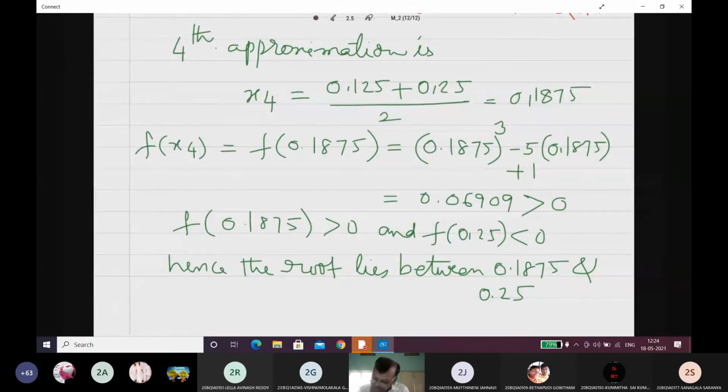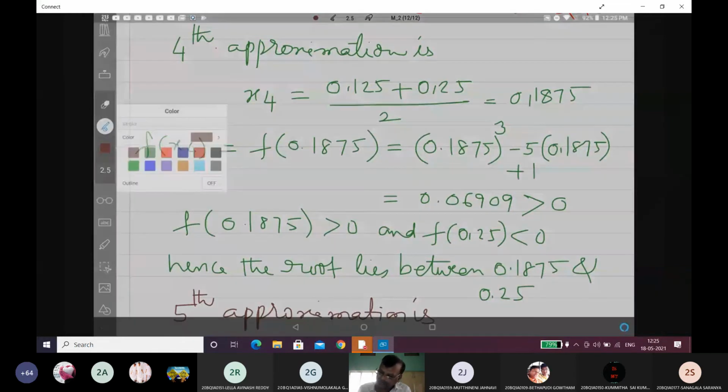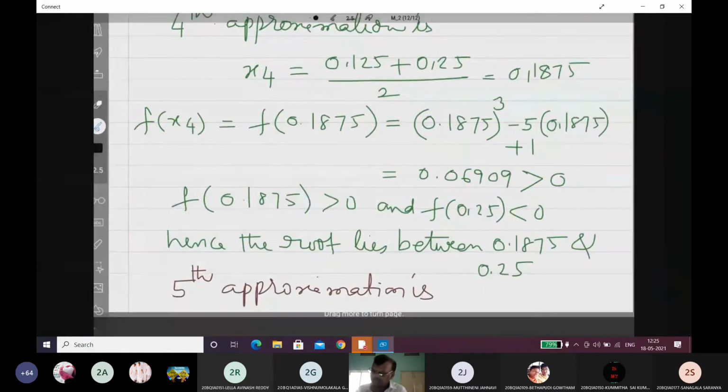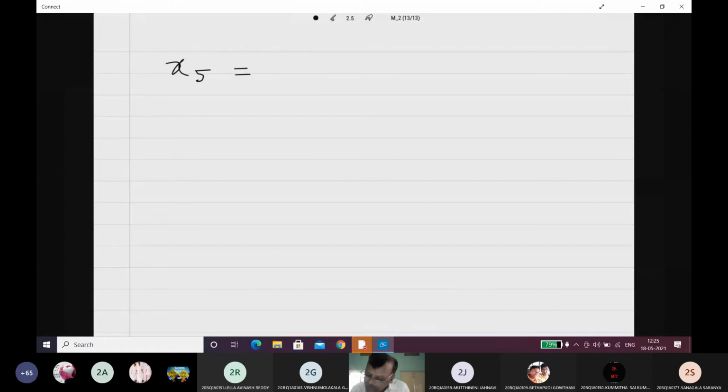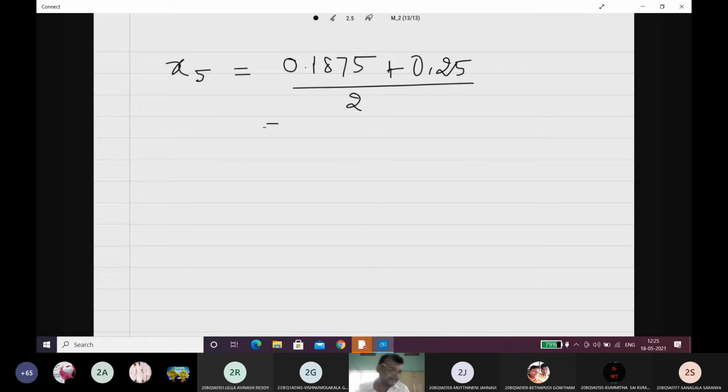Now, next approximation. Fifth approximation is x5 is equal to 0.1875 plus 0.25 by 2. ఎంత నాన్న? 0.21875.